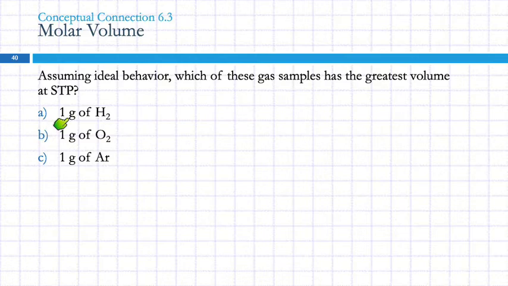Here I have 1 mass of hydrogen molecules. The hydrogen molecules are the smallest in mass. We have an equal mass of all of these things. Argon is much heavier, so you're going to have fewer particles. This one's going to have the most particles and therefore the most volume. Does that make sense?